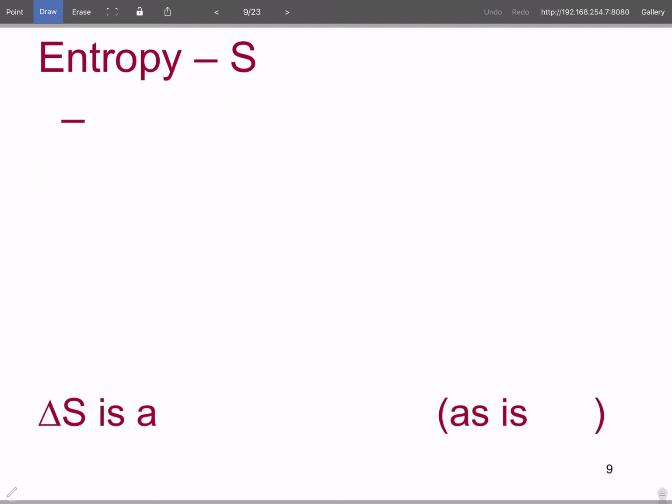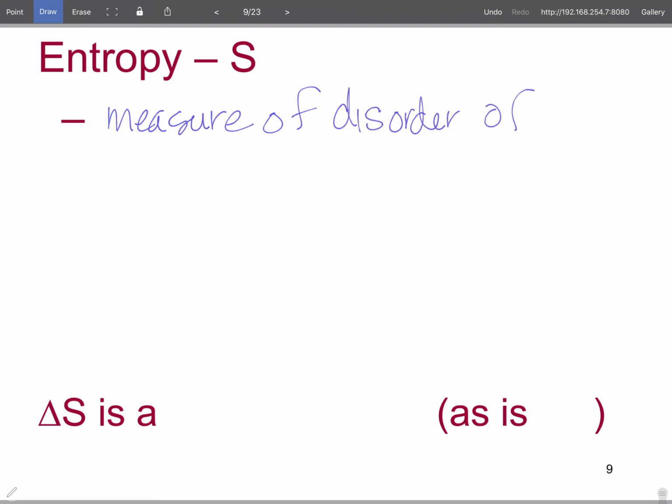Okay. So entropy is the measure of randomness. Okay. And we really call this disorder. So what we're doing is looking at how disordered or random a system is.